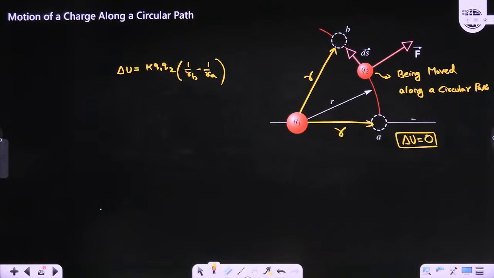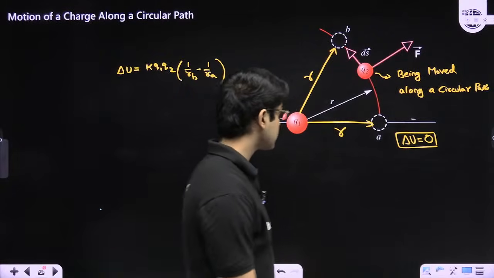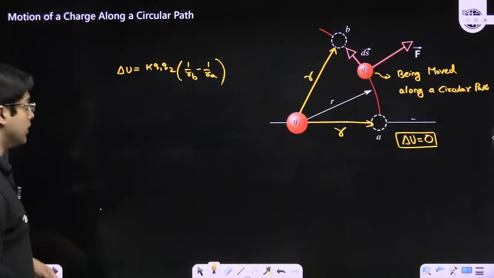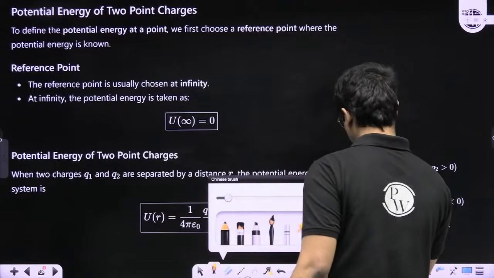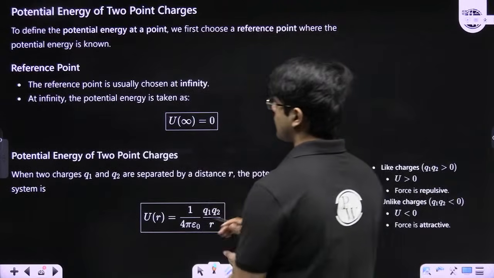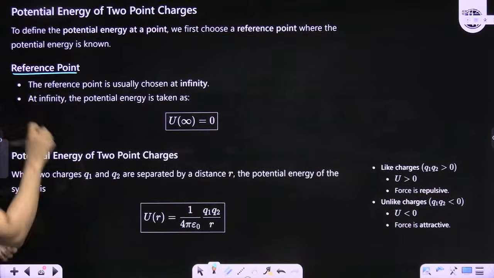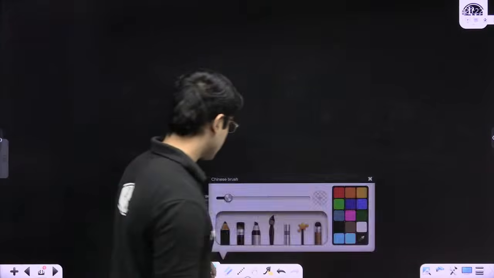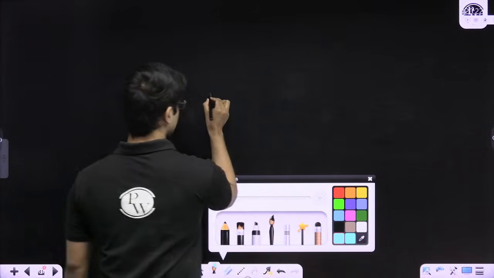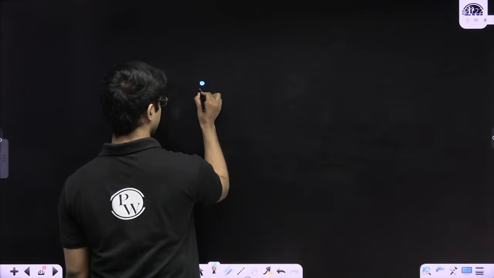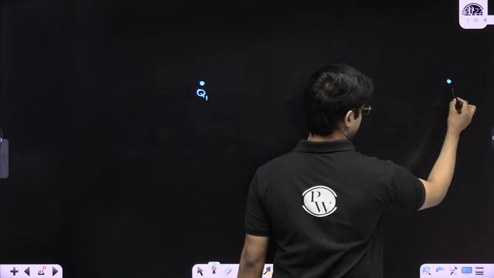Okay. Now, the thing is, we will set the potential at infinity to be 0. Okay, we are going to talk about a reference point. So in the same formula where we have Q1 over here, we are going to start from infinity.